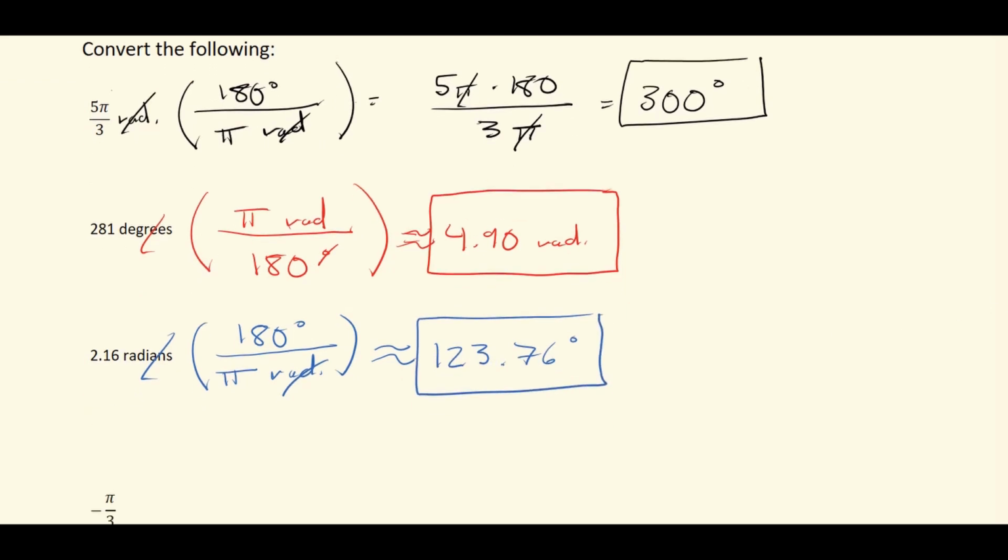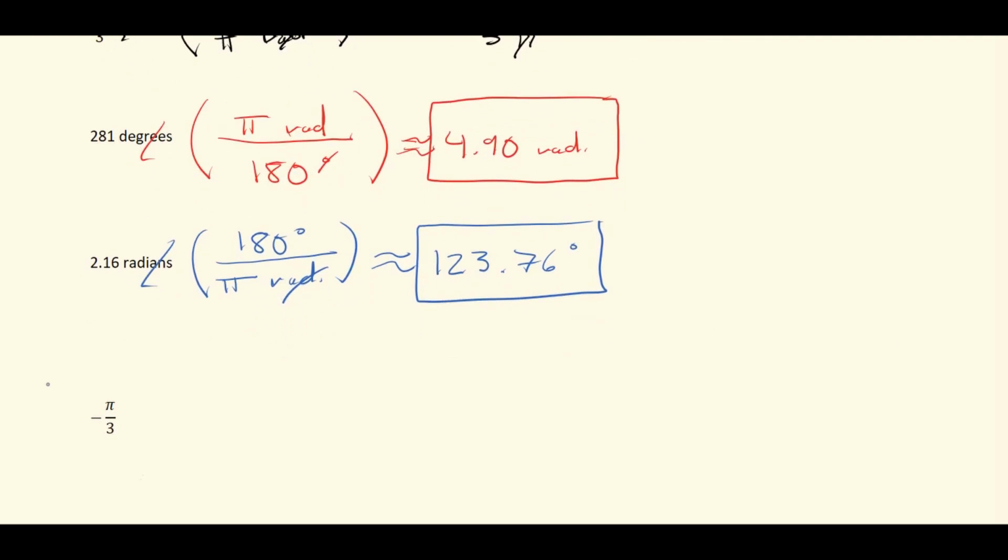All right, let's look at one more. Negative pi over 3. All right, so we know that there's no unit attached. That means it's in radians. We have a negative here, so that means that our final answer is going to be negative something degrees. We're going to put pi radians on the bottom.